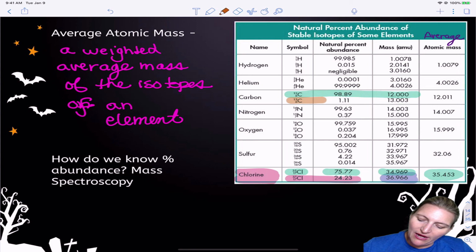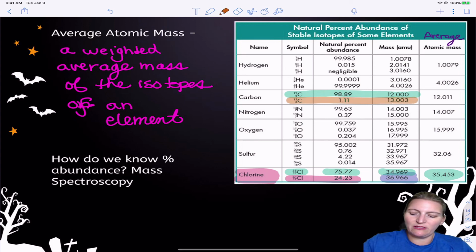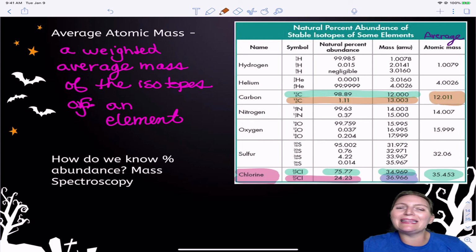But some carbon atoms, about 1% of them, are actually carbon 13. So if I have a sample of carbon, notice that the average atomic mass isn't 12.000, it's a little bit higher than 12 because some of those atoms are actually carbon 13, not carbon 12.